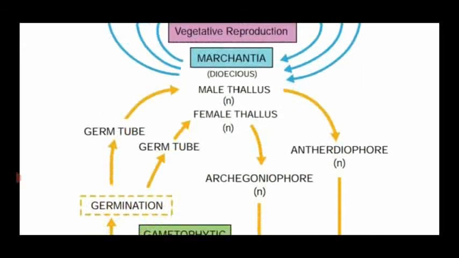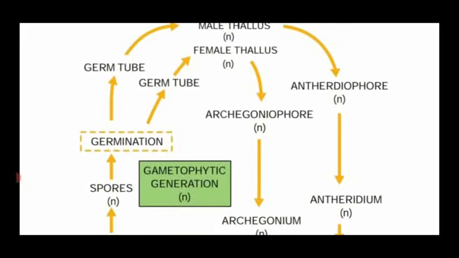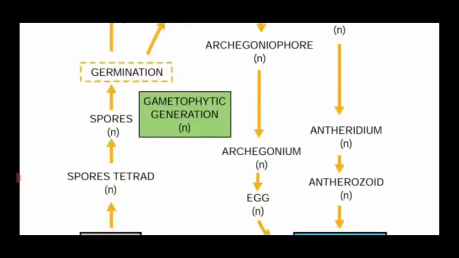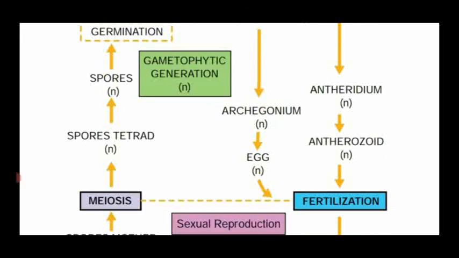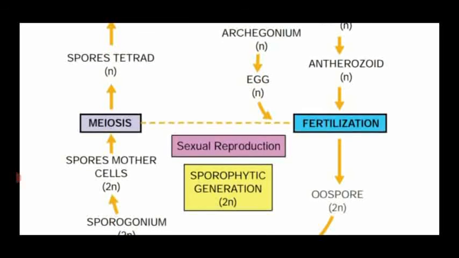When you come to sexual reproduction, Marchantia shows heterothallic or dioecious condition: male thallus and female thallus. The male thallus produces antheridia and the female produces archegonia. Then they produce antheridium and archegonium. Antherozoid, a biflagellate antherozoid, and egg; then fertilization takes place.